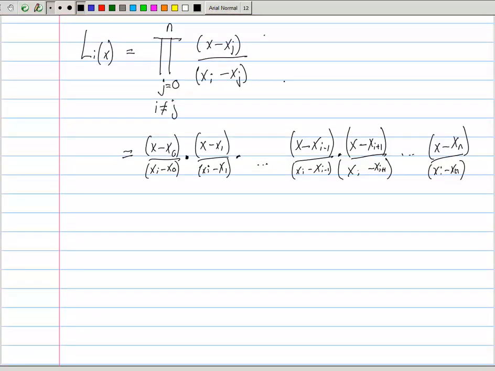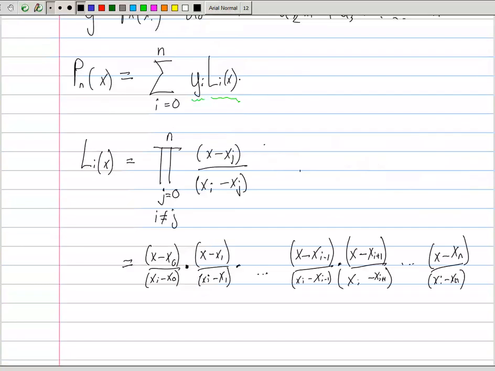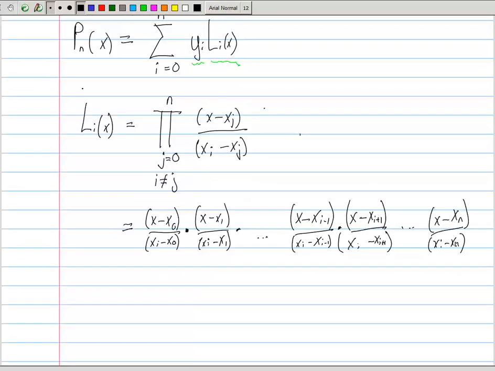So we have now determined what our Li is, so we've got that. We will have our Yi, and we can now determine what our Pn is.